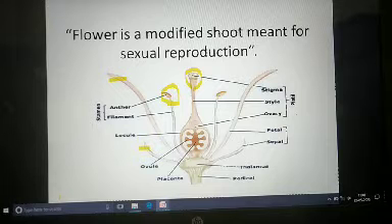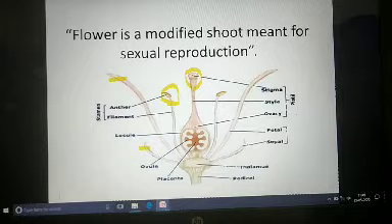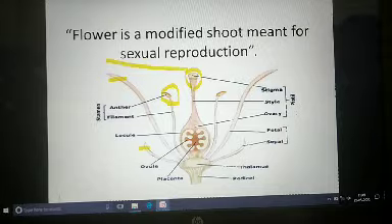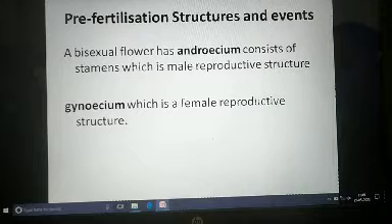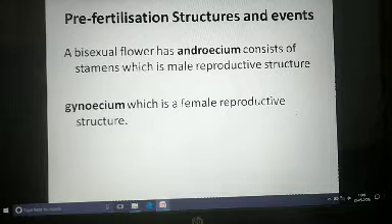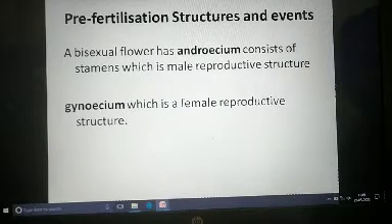So, we are speaking only about the necessary whorls for sexual reproduction. So what are the pre-fertilization structures and events which take place before the sexual reproduction?